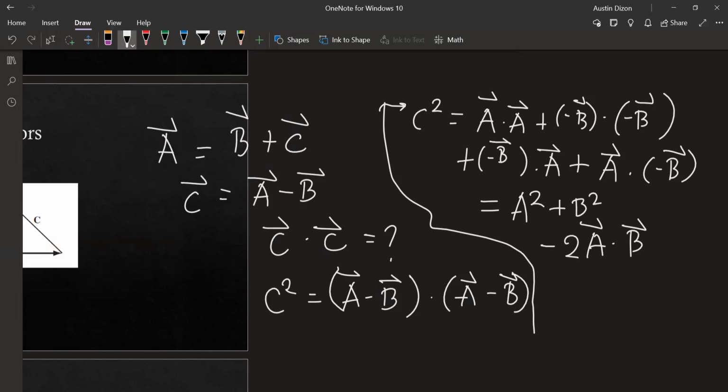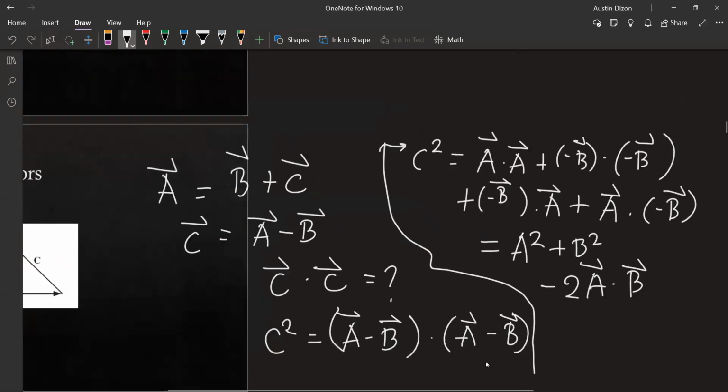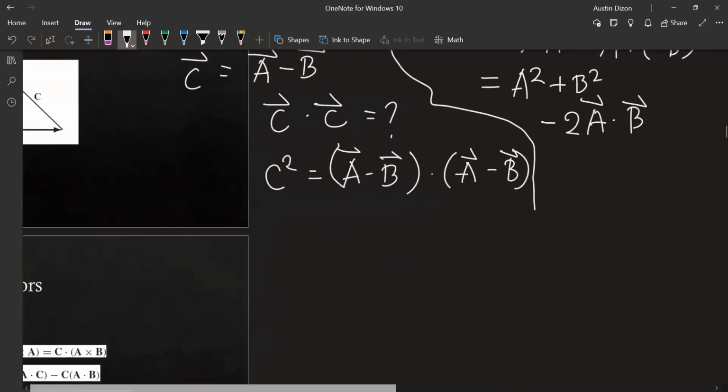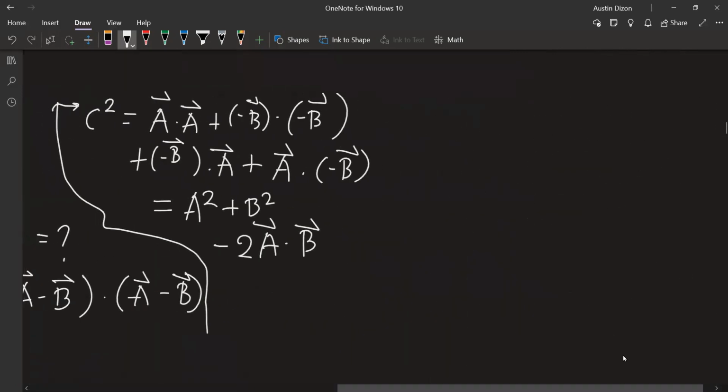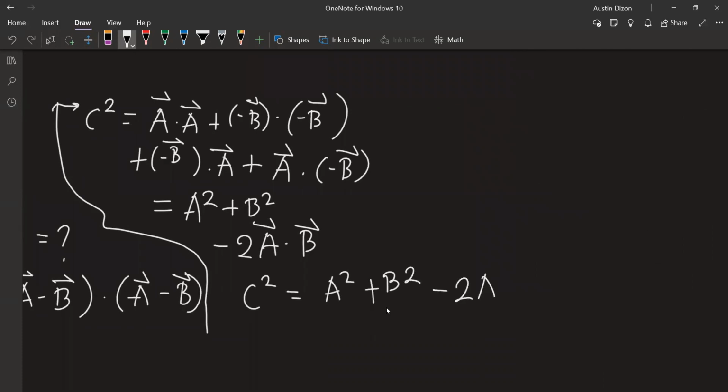If we know the angle theta, that is just C squared is just A squared plus B squared minus 2AB times cosine theta. And what is this?